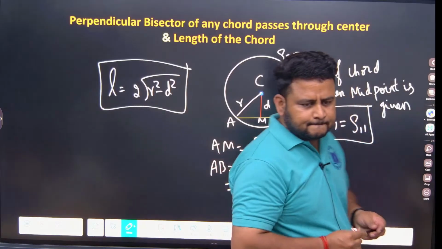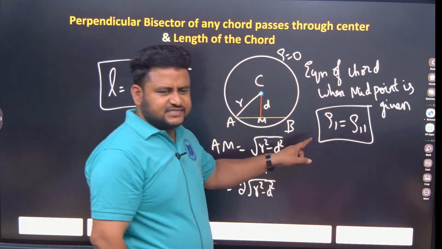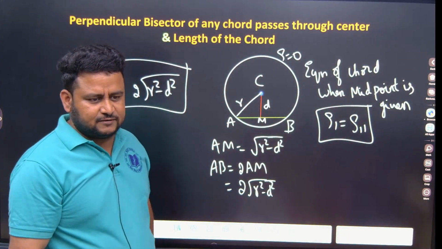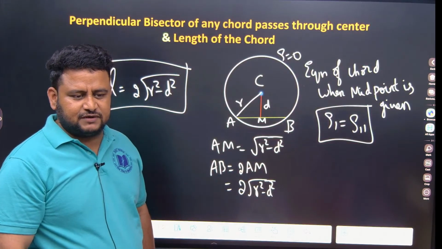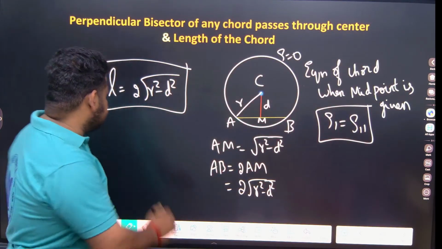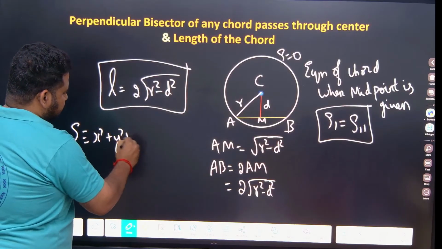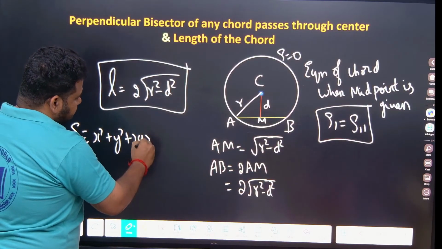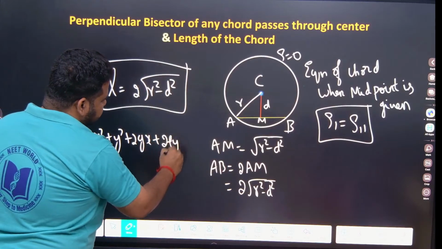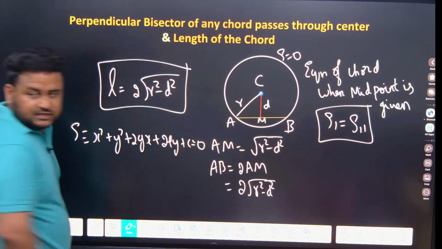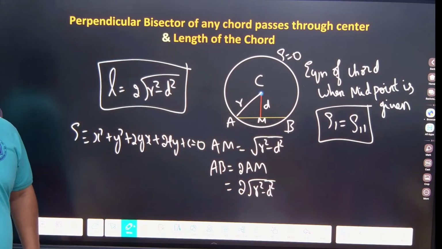Now see here, what is S1 now? For S is equal to 0, what is S1? Suppose S is given as x square plus y square plus 2gx plus 2fy plus c is equal to 0.